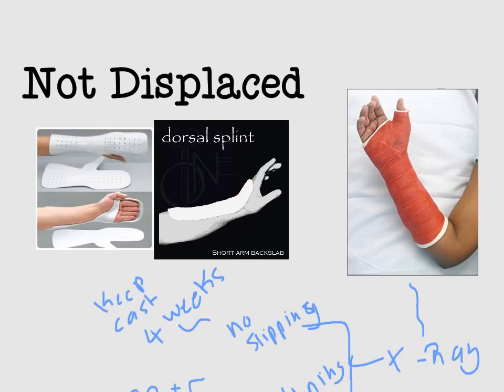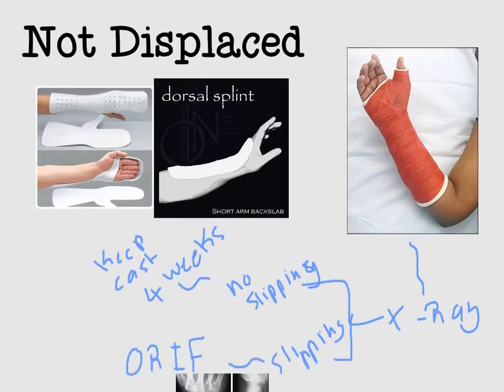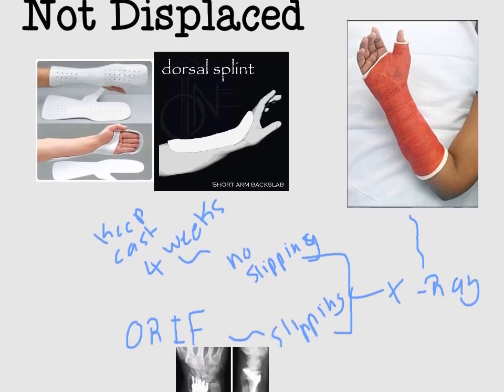Then, after the swelling resolves, we apply a full cast. The target behind just putting the dorsal splint is waiting for the swelling to resolve. After that, we put a full cast.